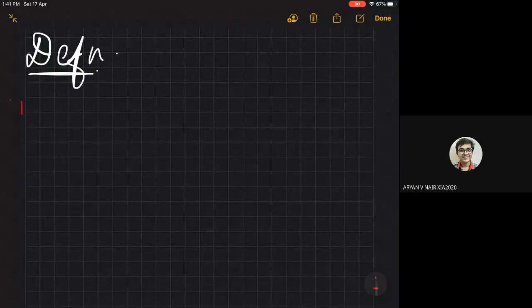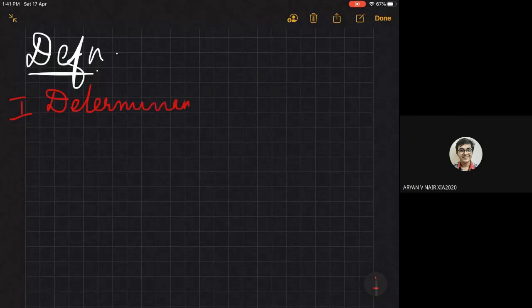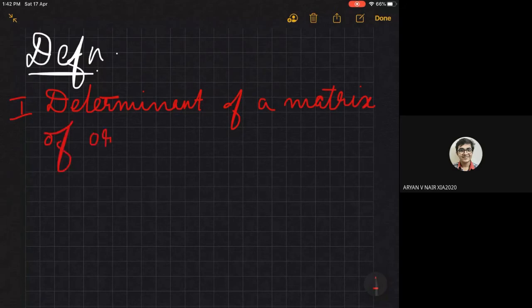Now the first one: how to find the determinant of a matrix of order 1. All the square matrices we are considering one by one.